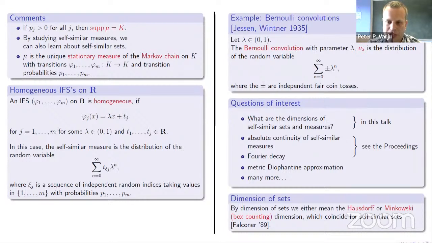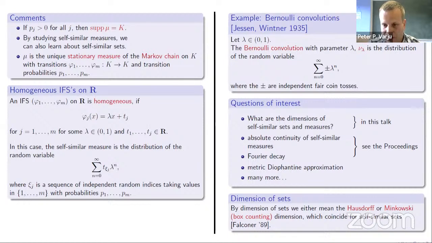So first, in the case of sets, this can either mean the Hausdorff dimension or Minkowski, or in other name, box counting dimension. So in general, these need not be the same; there are sets for which these two notions of dimension are different.